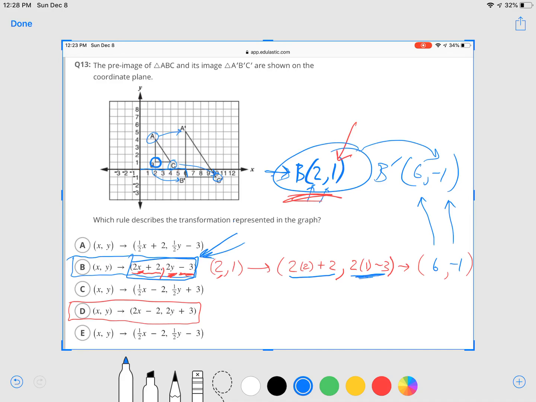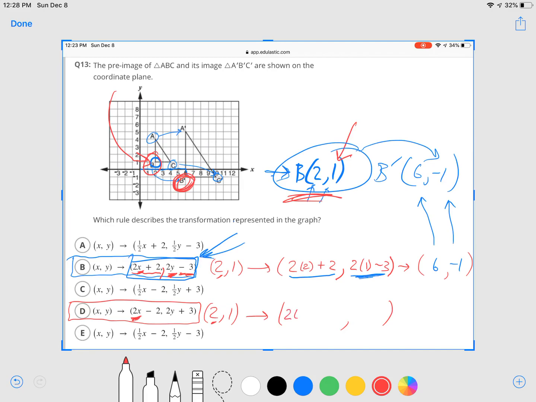Now, let's say you had tried out D. What would have happened? Okay, it was the same process. We want to plug in 2, 1, which is the original coordinates of B, and see if this transformation rule would give us B prime up here, 6, -1. Okay, so this rule says you take 2 and multiply that times the x value of the coordinate.